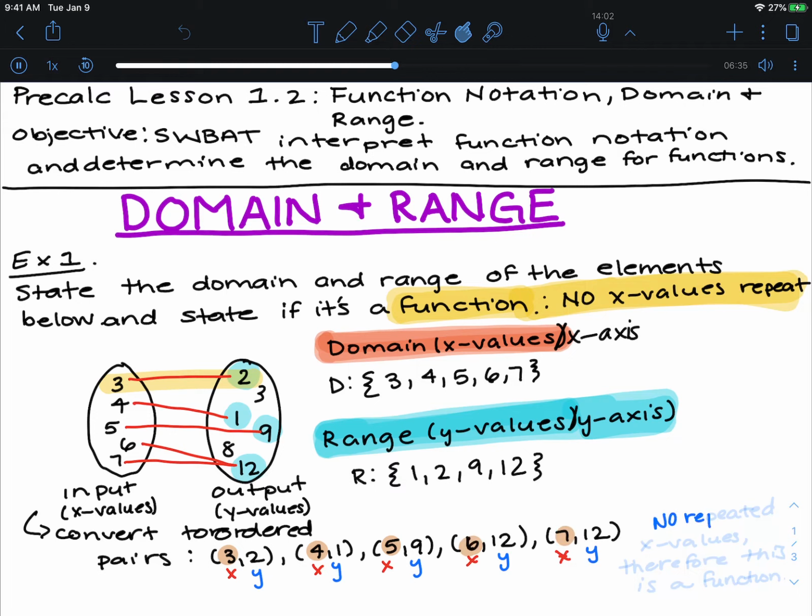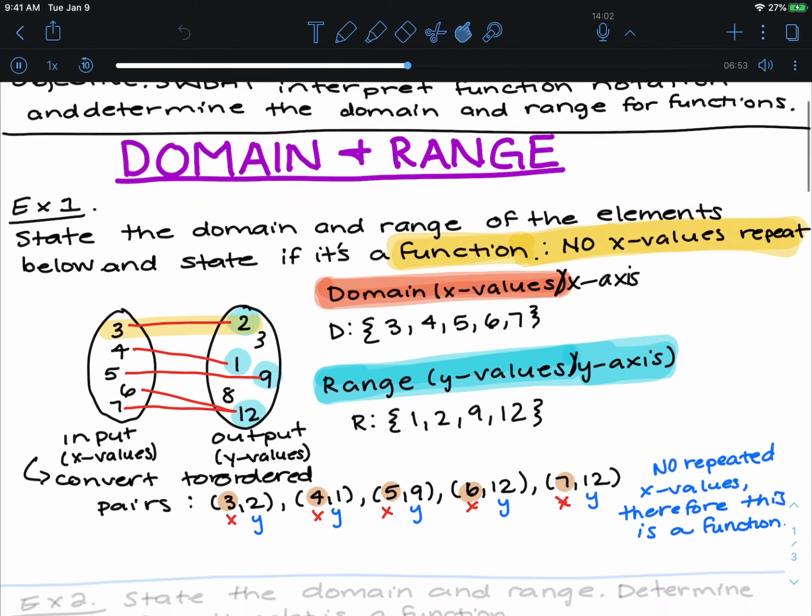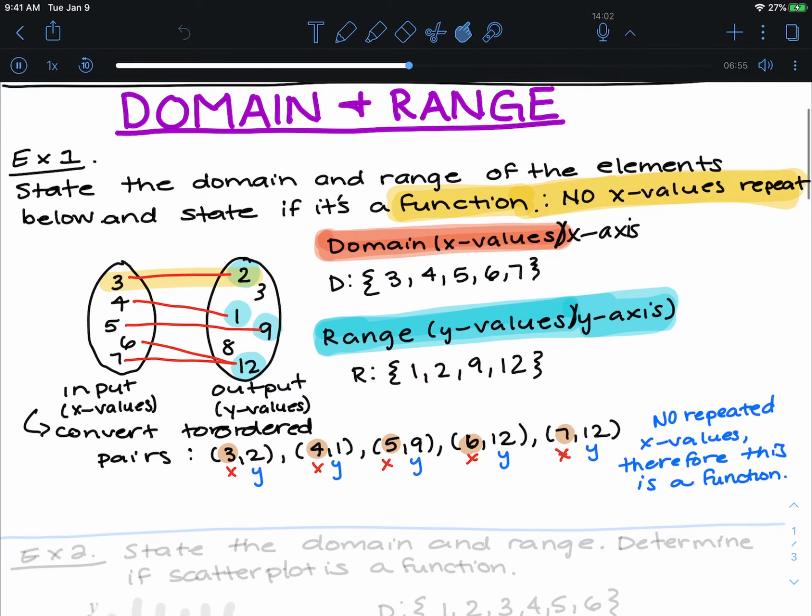No repeated X values. Therefore, this is a function. Okay, and that's that for that problem. So now let's go with example number 2.